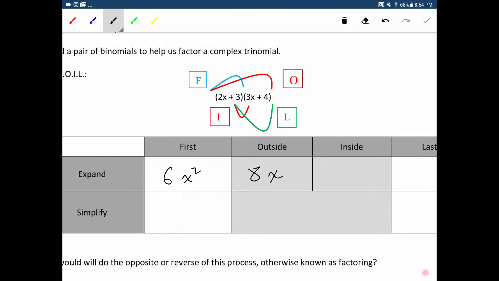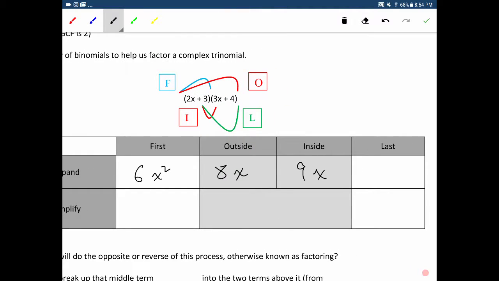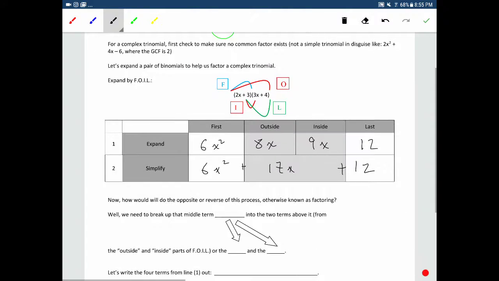And then when we have 3 times 3x, we're going to have 9x. And then finally, we're left with 3 times 4, which is 12. Now when we collect those two like terms, we get that this is equal to 6x squared plus 17x plus 12. And there we go.